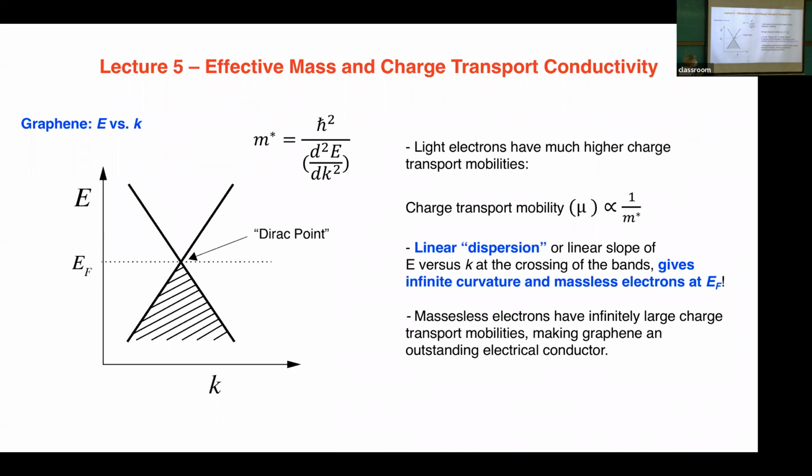You can make single sheets of carbon atoms that transport charge with extremely high mobility. Okay, so this is one of the really valuable things to remember about these diagrams when thinking about solids.